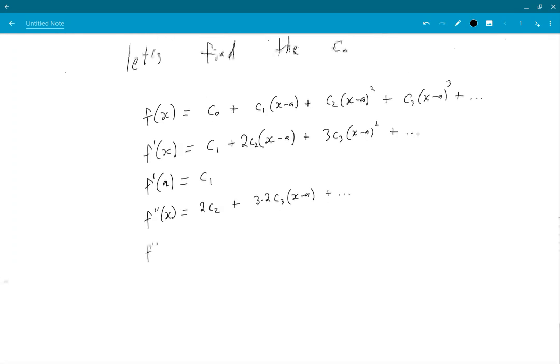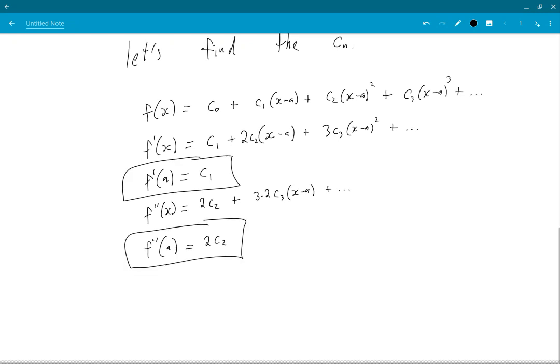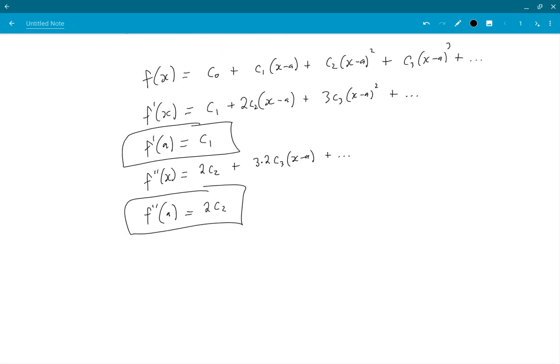So f double prime of a is equal to 2C2. So let's circle these things. We'll need them later. Okay, let's do one more derivative.